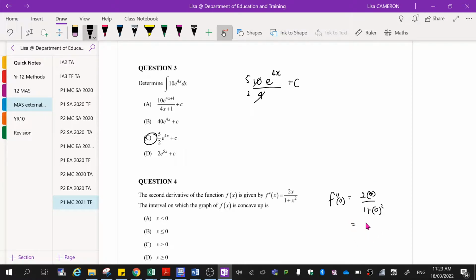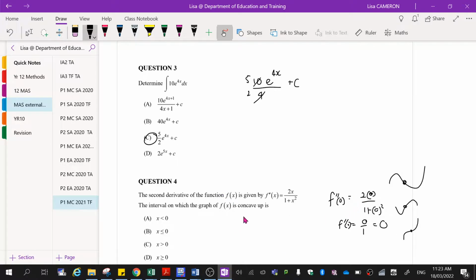So when I substitute 0 in, I'll end up with 0 over 1, which is equal to 0. That would imply that that is a point of inflection. So I'm going to pick a point, either left or right, to see what's happening. It could be looking like this, where that's my point of inflection, it could be looking like that, or it could also be doing this.